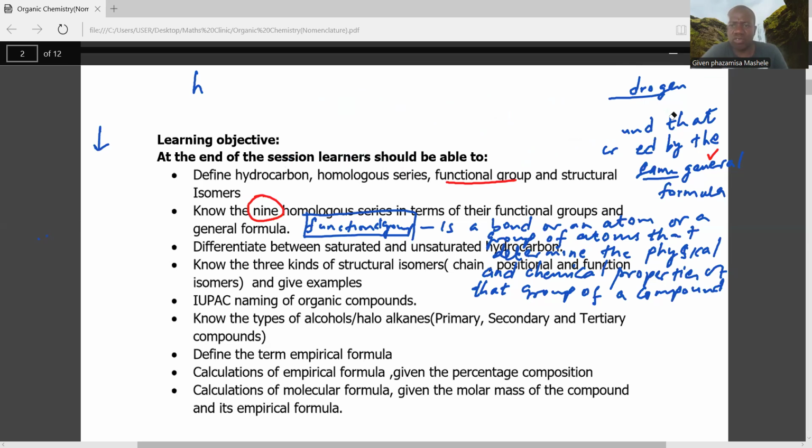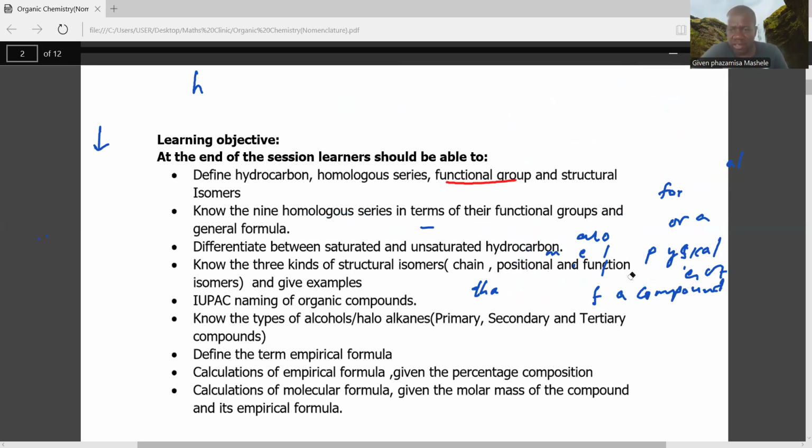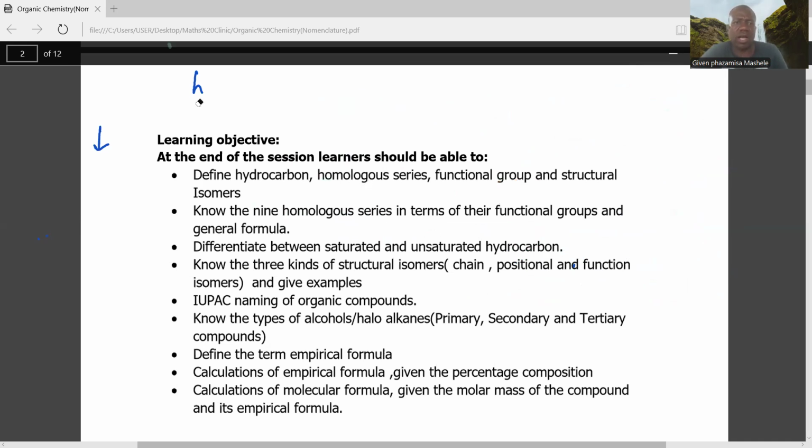Then the last one is the issue of the structural isomer. It's very important to be able to define what you mean by a structural isomer. A structural isomer is an organic compound with the same molecular formula, but different structural formula.